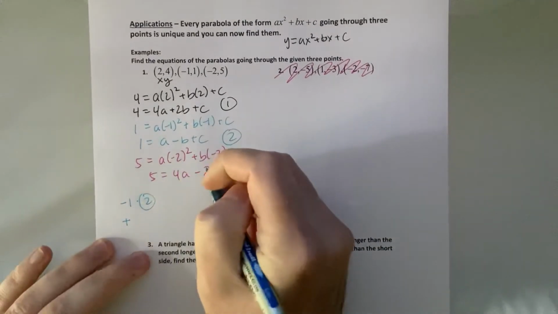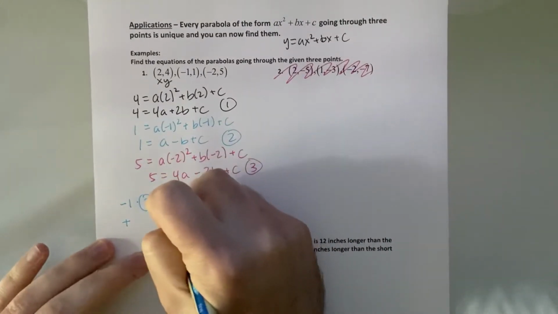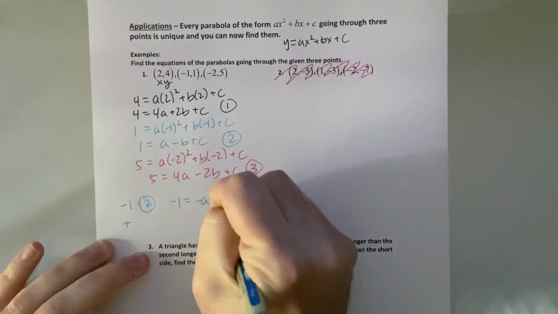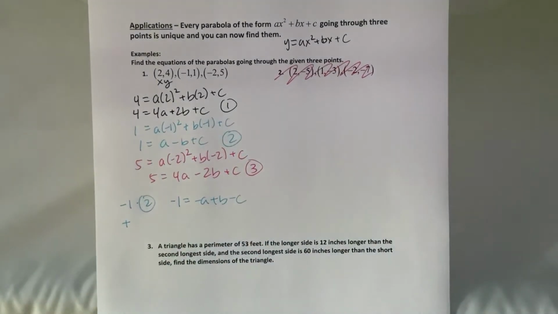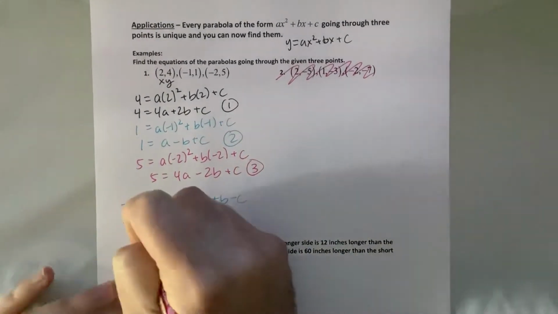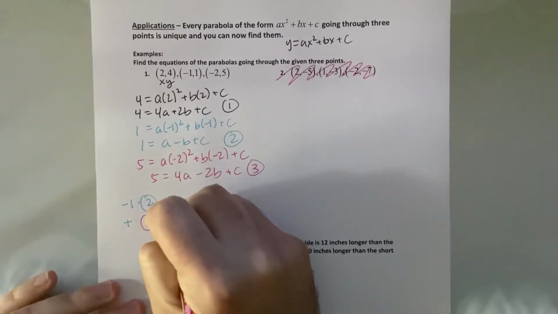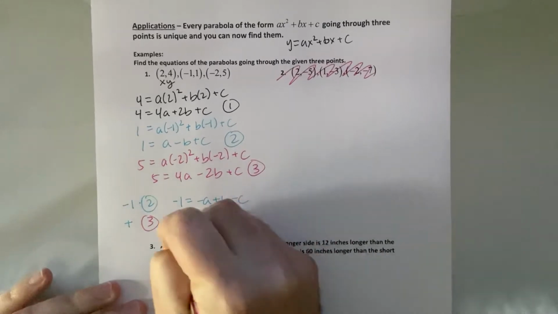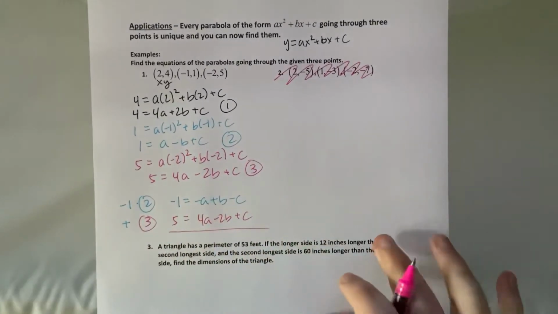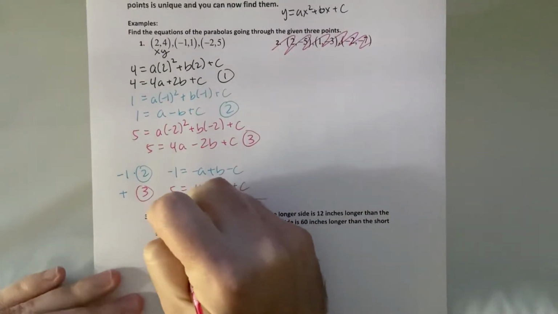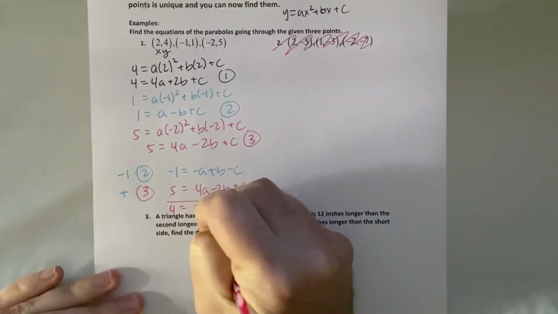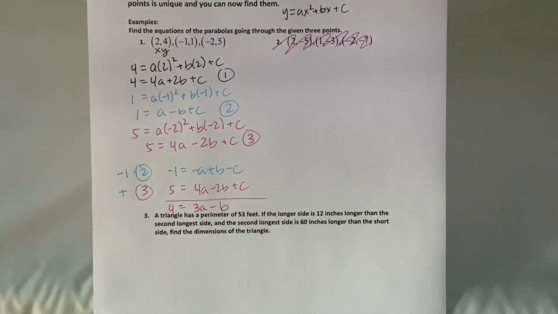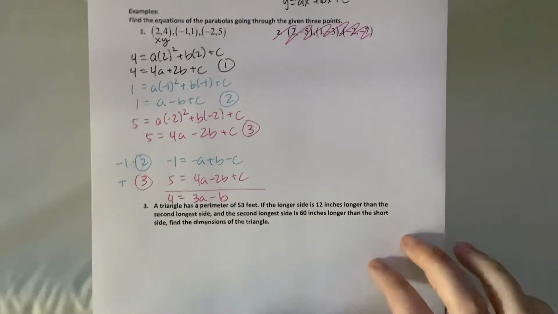Negative 1 times equation 2 is negative 1 equals negative a plus b minus c. Equation 3 is 5 equals 4a minus 2b plus c to give me an equation, which will be equation 4. That's 4 equals 3a minus b. Okay, so this is a new equation. 3a minus b equals 4.